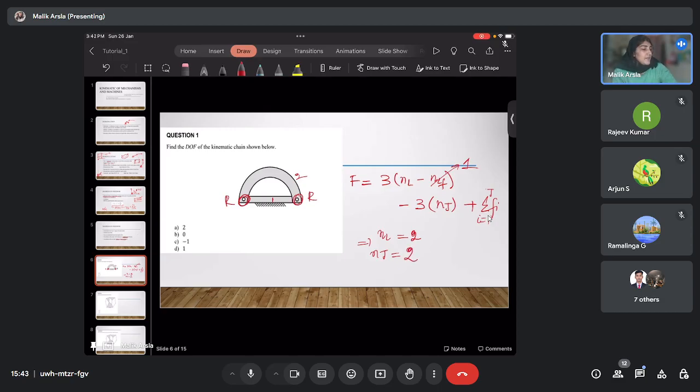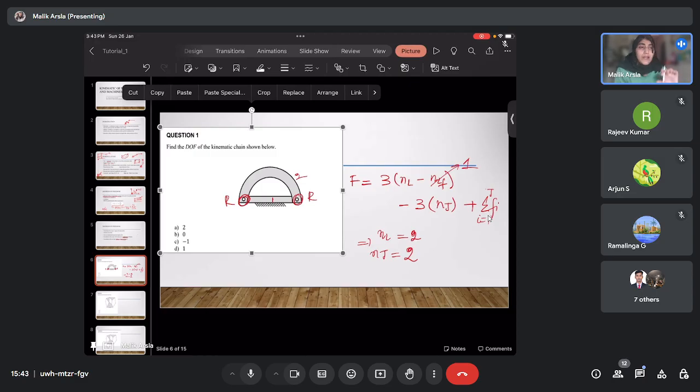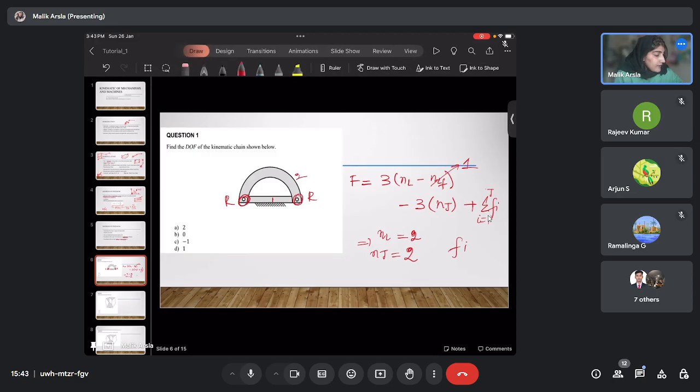Now we know the degree of freedom of these revolute joints. A revolute joint has, as I mentioned, only one degree of freedom. So this will have one, and this will have one. The summation turns into 1 plus 1, that is 2. So the summation of Fi with i running from 1 to 2 is equal to 2.